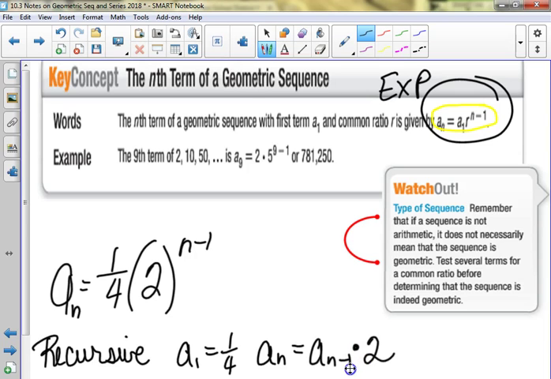This one is more like in words almost. Starting with this, you take the last term and multiply by 2. It's just the notation for the description of the sequence. All right. There is a reminder over here that just because a sequence isn't arithmetic does not necessarily mean that it's geometric, right? A sequence can be neither one.